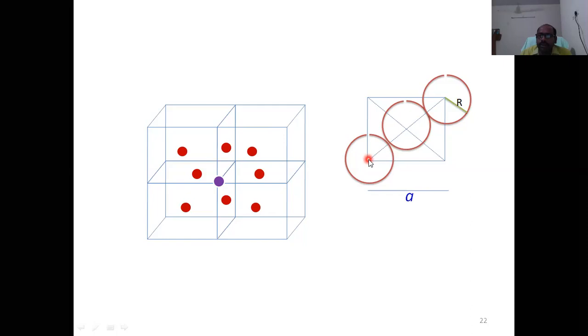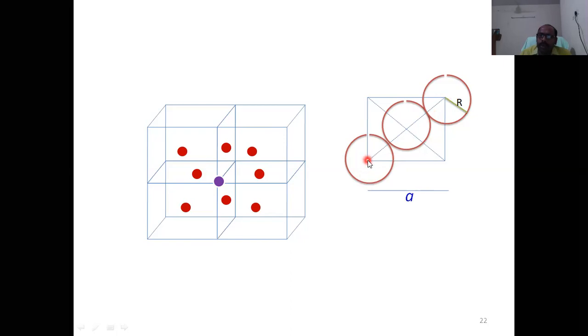At first we have to get an idea of which points are closer or nearest. Here the distance is A. There is another lattice point here also at distance A. The distance between these two lattice points is A, and from this point to this point, root 2 A, which means 1.4 times A.